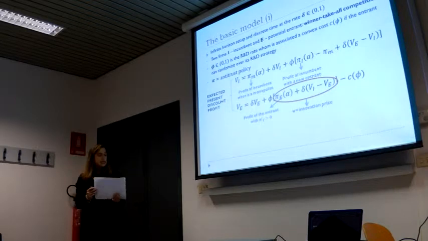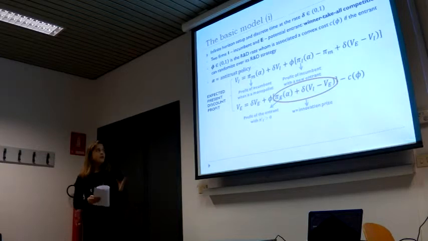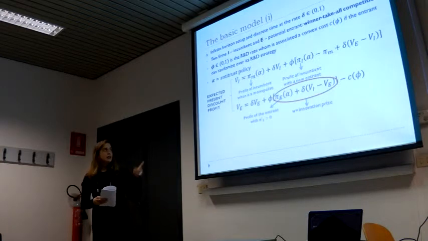Since the innovation occurs with probability phi, the expected present discounted profits for the two firms, the first one being the incumbent and the second one the entrant, are shown in this formula.